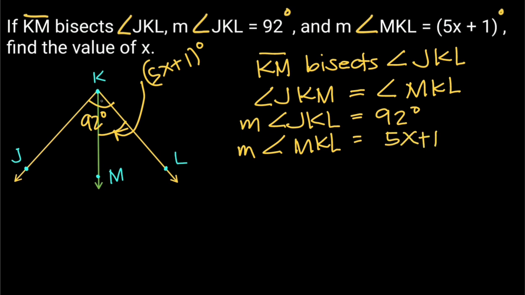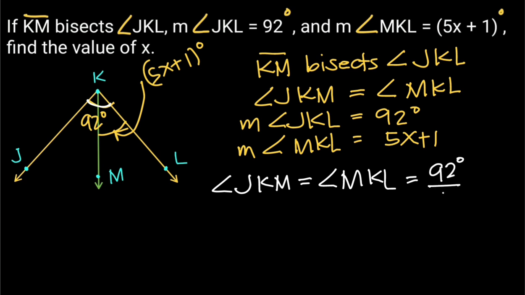Alright, since angle JKL is equal to 92 degrees, the measure of each of the bisected angles, angle JKM and angle MKL, they are just equal, is just 92 degrees divided by 2. So that is half. So this is just equal to 46 degrees.